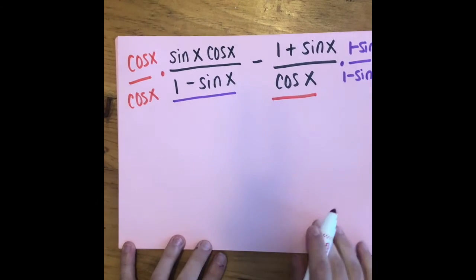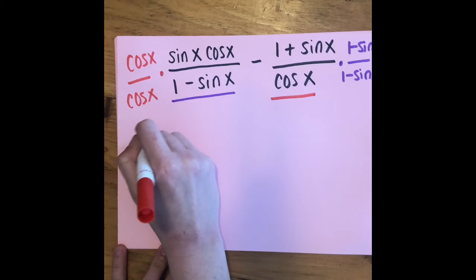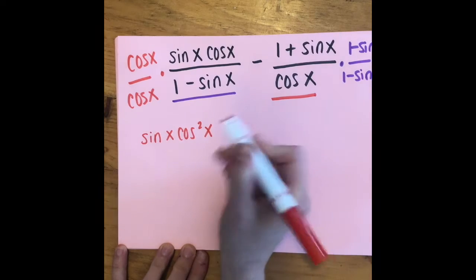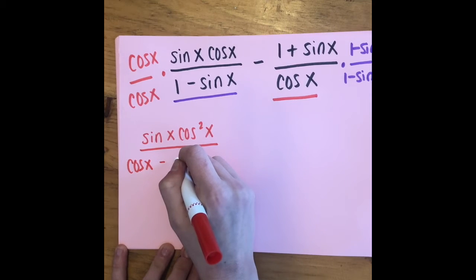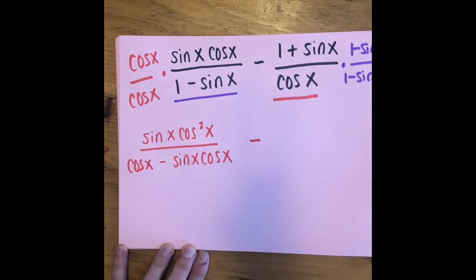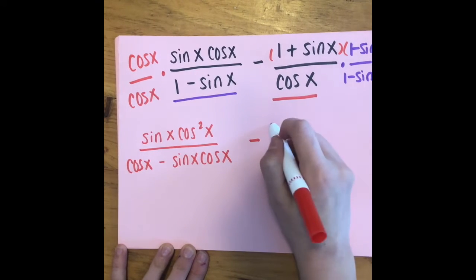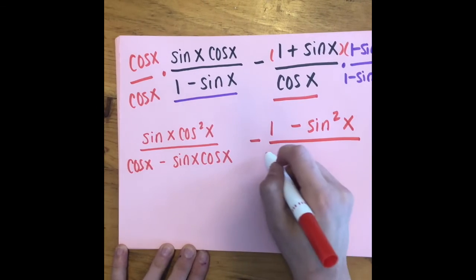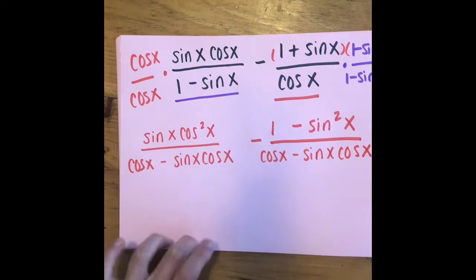All right, so we do our distributive property, and we get sine x times cosine squared x all over cosine x minus sine x cosine x minus, so here we have to multiply, but it's differences, so there's going to be no middle term, so it's 1 minus sine squared x all over the same thing, cosine x minus sine x cosine x.